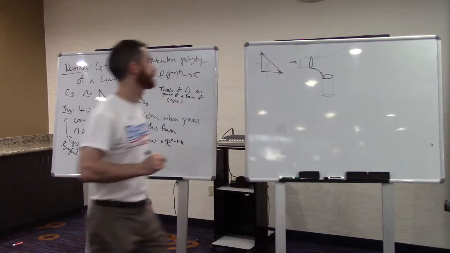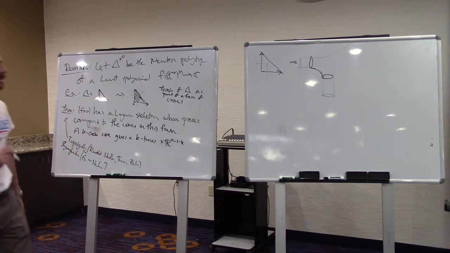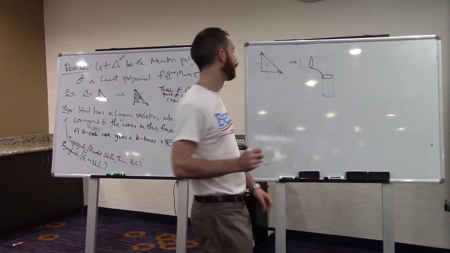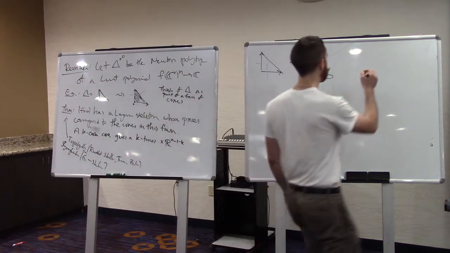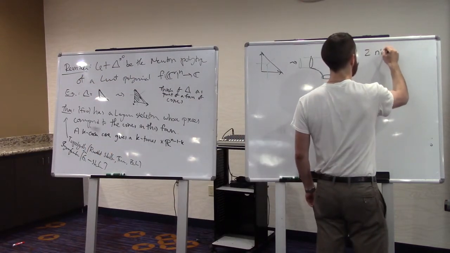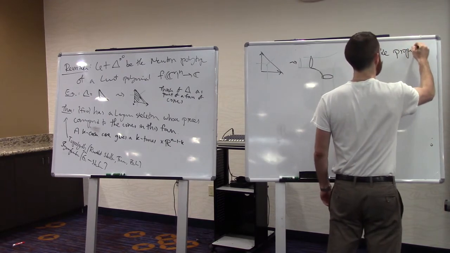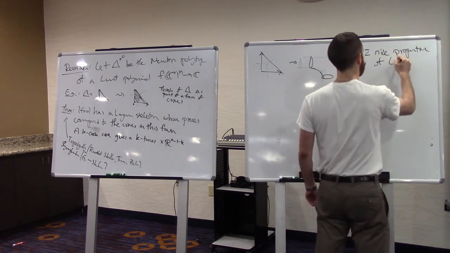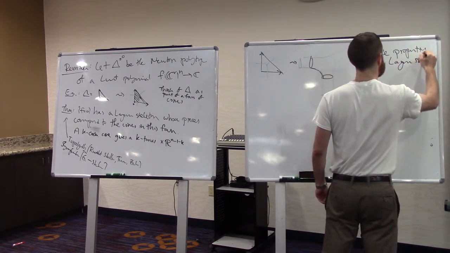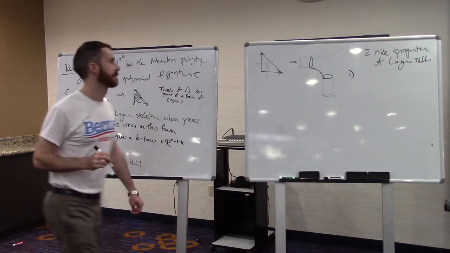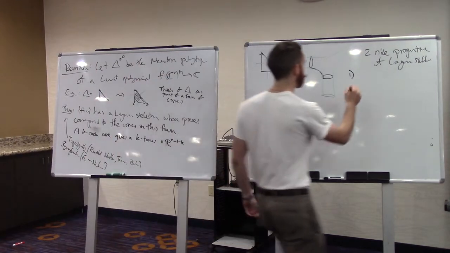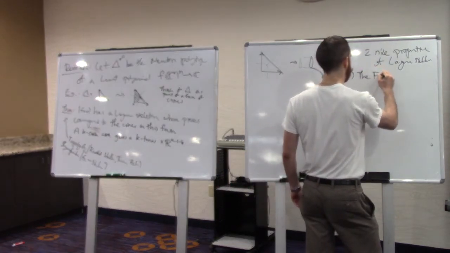So what is a Lagrangian skeleton? Well, I've given talks about this in the past. I don't want to spend my whole talk talking about the Lagrangian skeleton. I'll say 2 nice properties of it. One is this allows you to compute the Fukaya category.